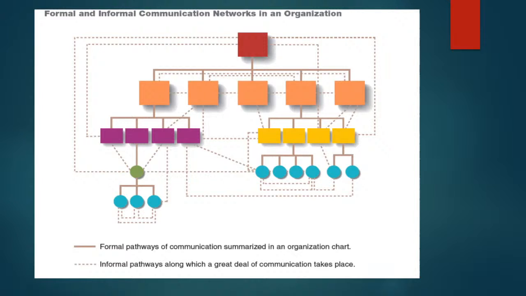Now the formal pathways of communication, which are summarized in the organizational chart, you can see by the lines in this graph. So the main point is we follow the formal positions while communicating information at the different levels.